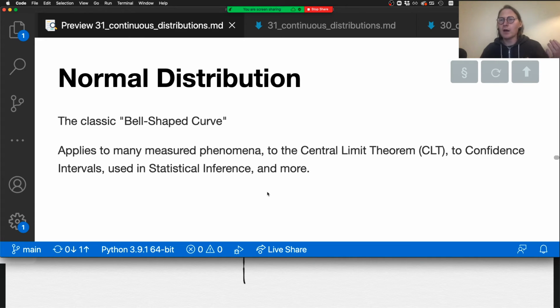But yeah, there are tons of phenomena that follow normal distributions, like the heights of people. That follows a normal distribution.